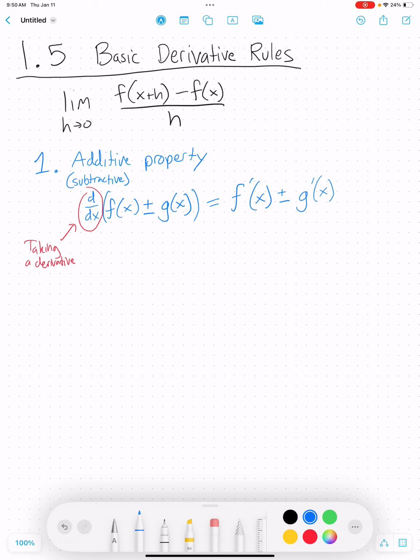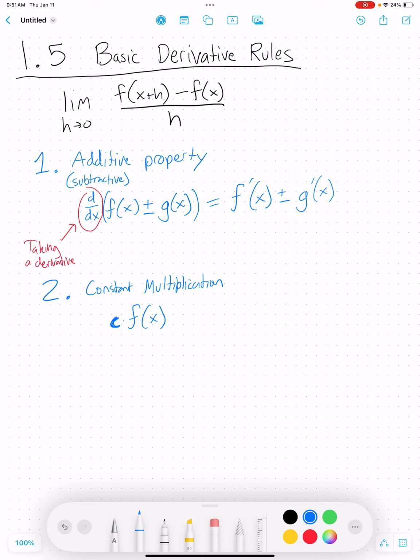The second property that we're going to talk about is, I'm not sure if this one has a name, but I'll just say this. This is constant multiplication. So if you have a function, and that function is being multiplied by some constant, c, okay?